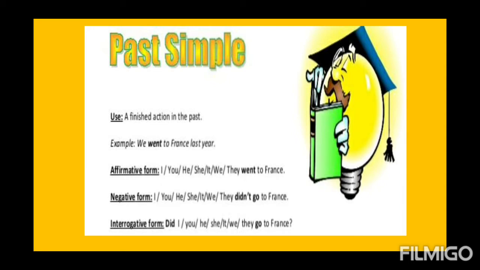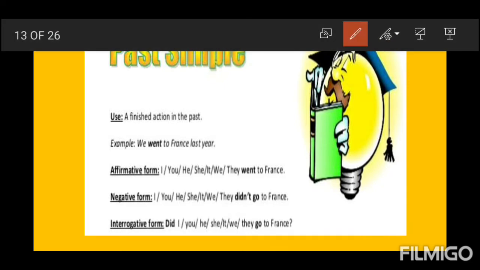And now let's start here. We're going to talk about negative and question. What's the usage of past simple? A finished action in the past. Okay, we went to France last year.